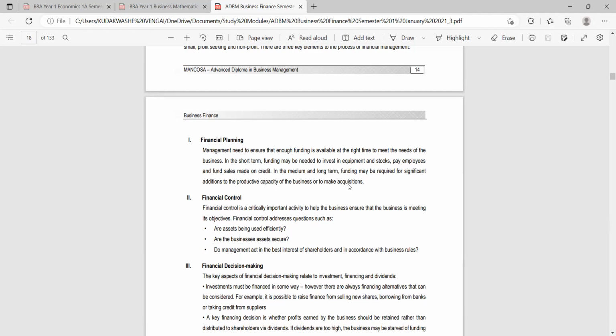Now, this can come through as a quiz question, asking which are the three key elements of financial management. You should know it's financial planning, financial control, and financial decision making. Now, what is financial planning? At the beginning of the year, as a business, you need to plan ahead. How much money will we need?